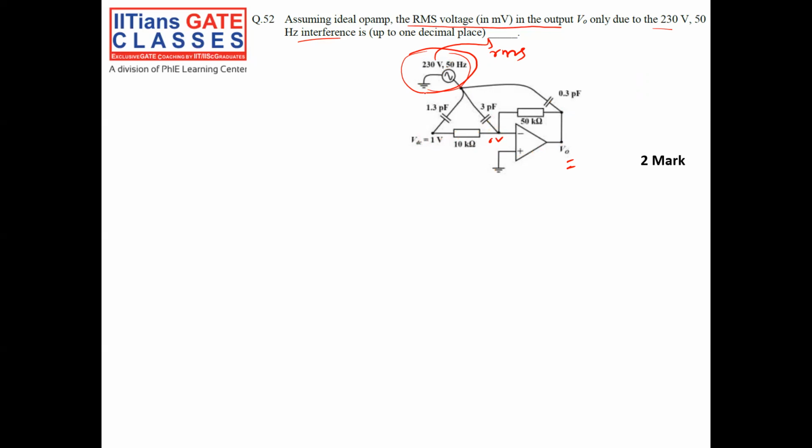I can apply the superposition theorem. What is the superposition theorem? If there are two inputs and I want to calculate the output due to only one input, the other input can be shorted or grounded or replaced by its equivalent resistance. Since I want to calculate the output only due to the input RMS, I have to make this supply 0, so this will be grounded, right?